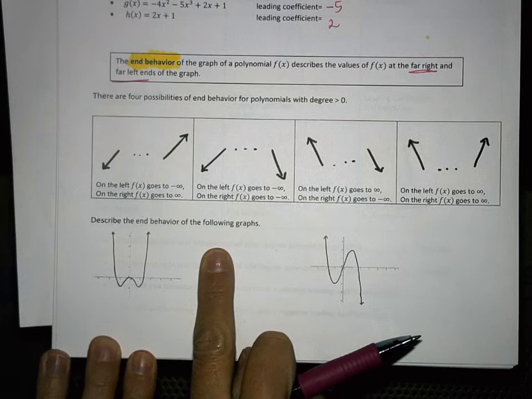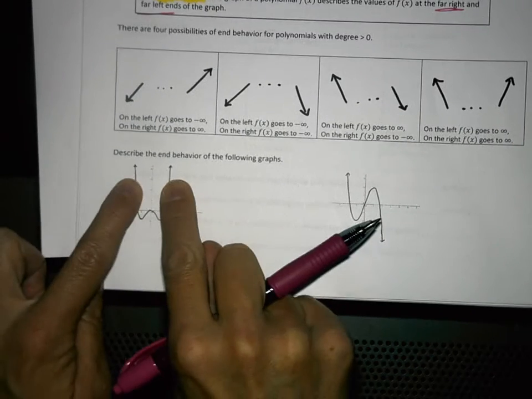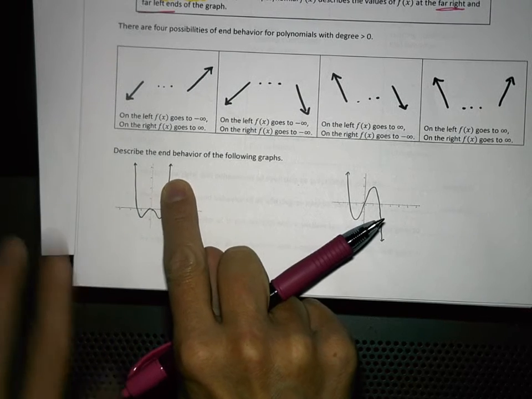This says, describe the end behavior of the following graphs. So right here, what is happening with each of these end behaviors? Both of them are going where? Very good.